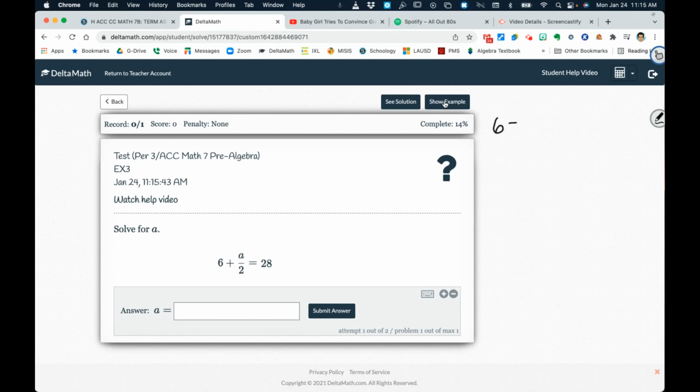So it's 6 plus a over 2 equals 28. Okay. And we're going to get rid of our constant. It's 6.